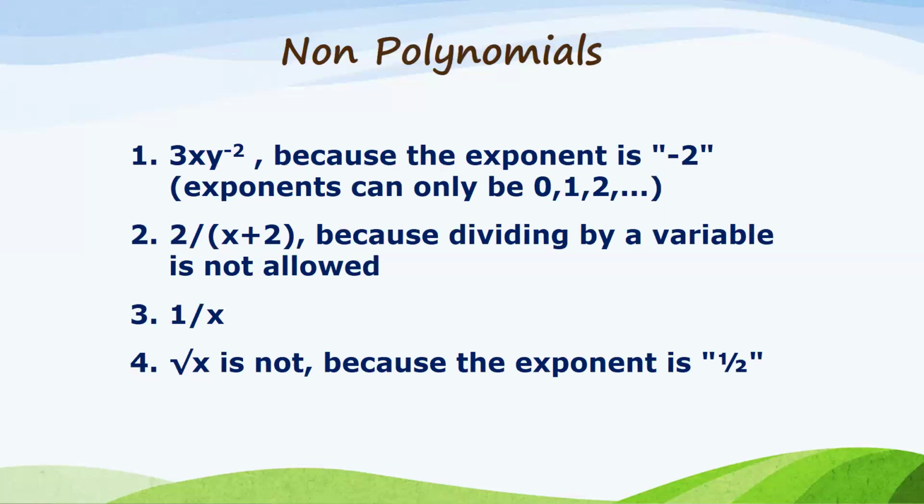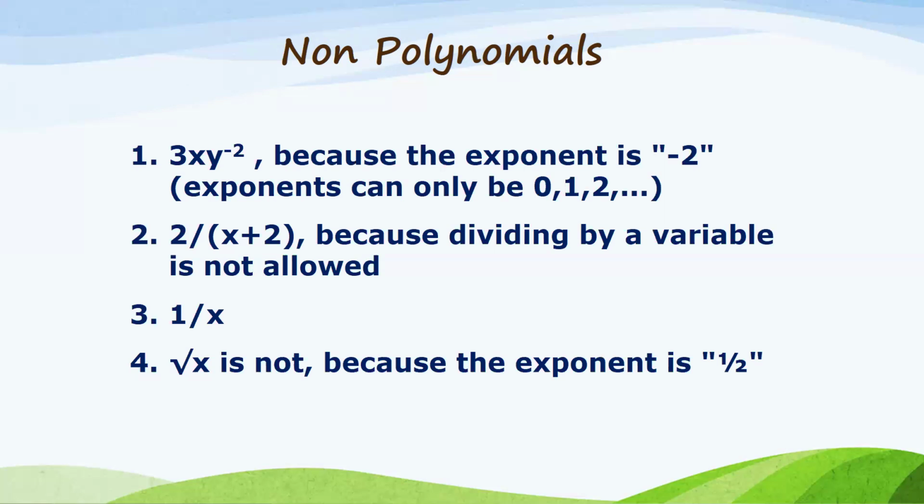The exponent is -2. So it's non-polynomial, right? In polynomials, only the power 0, 1, 2, any positive power is allowed, but we cannot allow any negative power, right? Now, the second example is 2 divided by x plus 2, right?